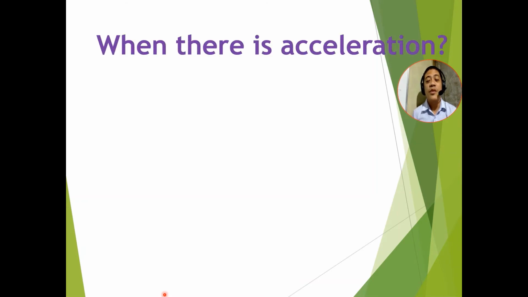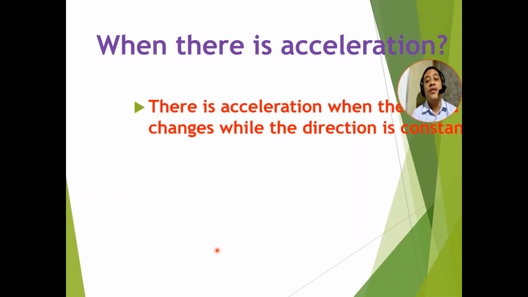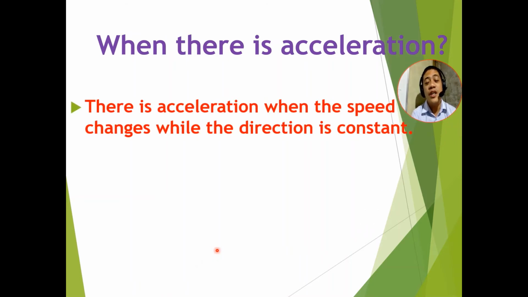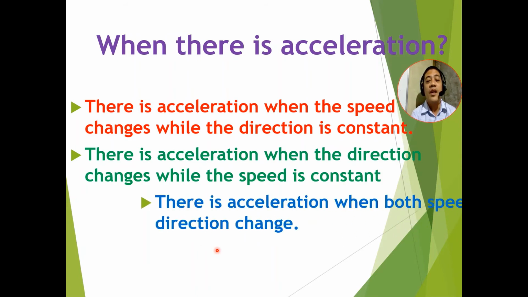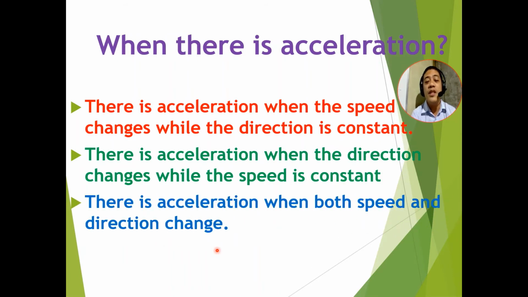Is it clear to you now when there is acceleration, when there is no acceleration, and what is acceleration? So let's answer our first question. When is there acceleration? There is acceleration when the speed changes while the direction is constant. There is acceleration when the direction changes while the speed is constant. There is acceleration when both speed and direction change.